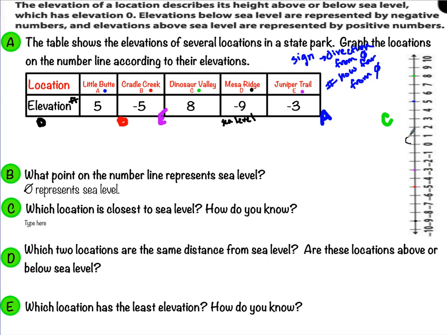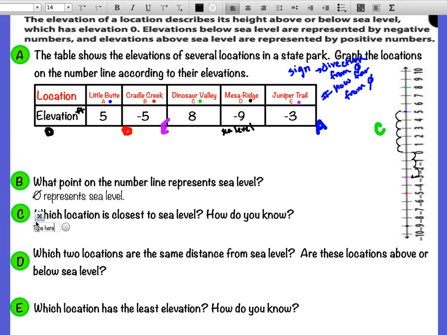So I'm going sideways, but 1, 2, 3, 4, 5. But then now if I go down, I notice that it's only 1, 2, 3 spaces away before I get to my closest point. So even though it's negative, the closest location is actually Juniper Trail, that purple dot for me. Okay, so my answer here would be that Juniper Trail is closest to sea level.